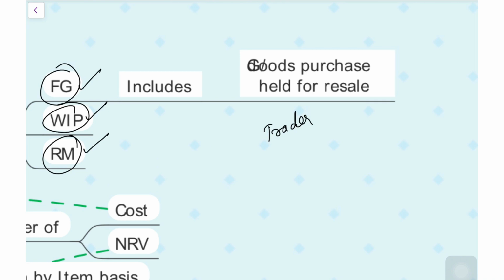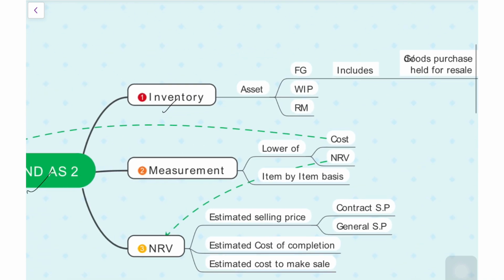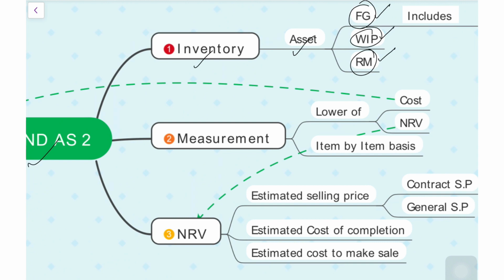So when you buy saris and sell them again, this is known as held for resale. You have got it from somewhere and then you're going to resell it, correct? So those saris which are held for resale will also be known as your inventory only. So it is not only the manufactured goods but also the goods which have been purchased and are going to be sold afterwards, right?